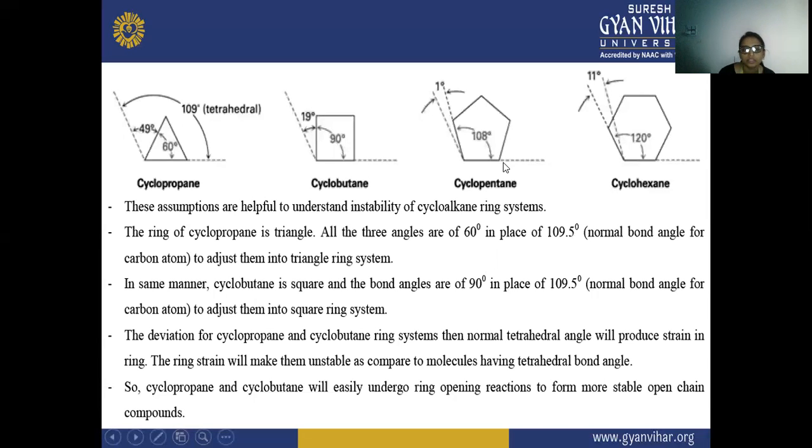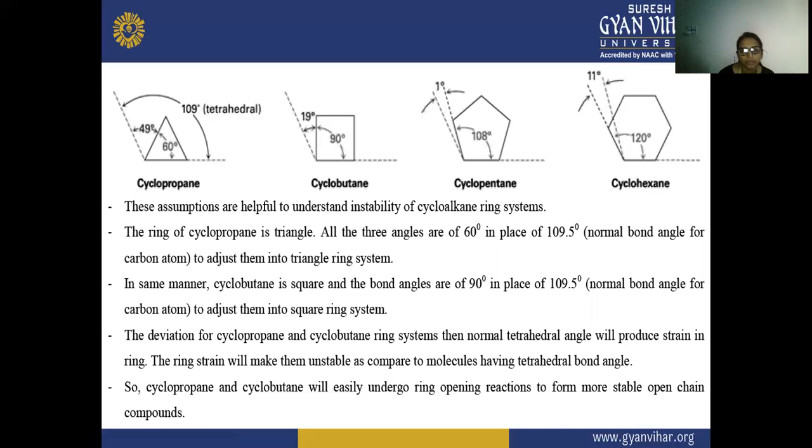Next, these assumptions are helpful to understand the instability of the cycloalkane ring system. The assumptions I have told you, the three assumptions in Baeyer strain theory, help us understand the instability present in cycloalkane ring systems.